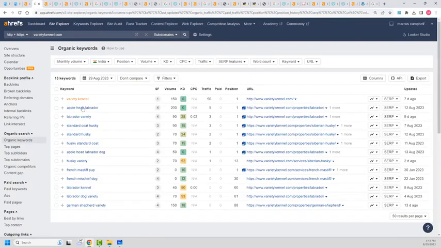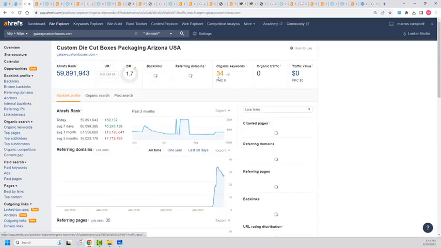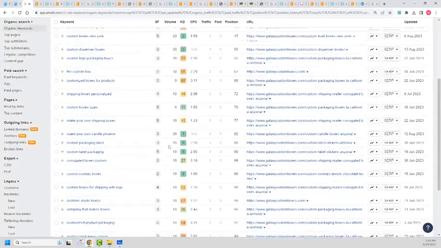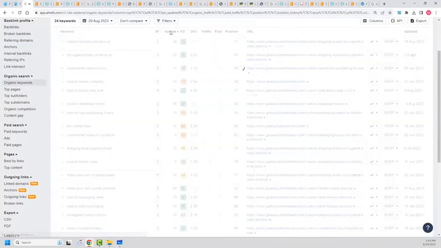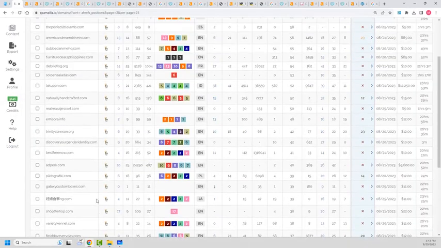Again, it's not looking like too much stuff that is buy worthy. Customized cereal boxes. See how the traffic's really low? Not a whole lot I'm interested in.